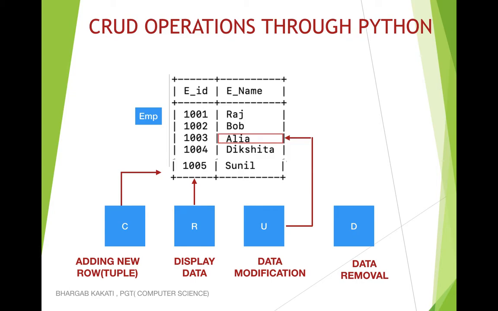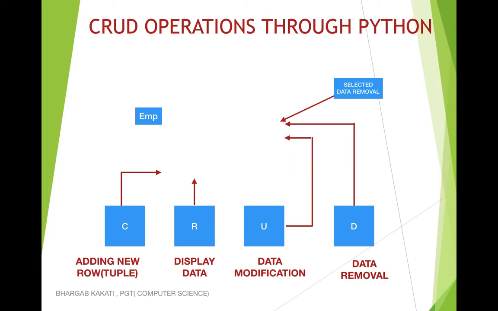That means we are modifying the data, not deleting, not displaying. We are just changing the values of the data. And data removal means you are just deleting the data. You can either delete specific data as shown here, which is called selected data removal because we have deleted only a part of the entire table, or you can choose to delete the entire data, which is known as entire data removal.